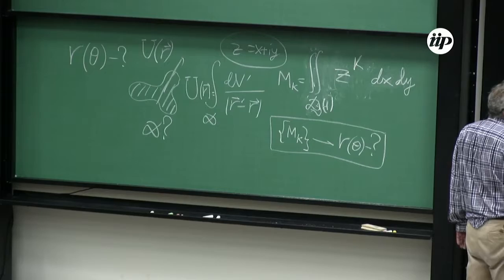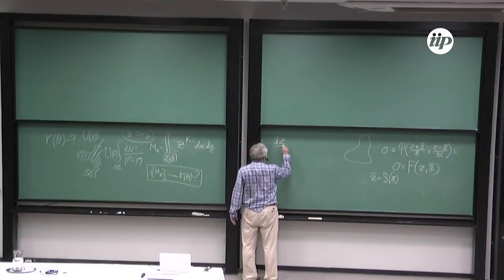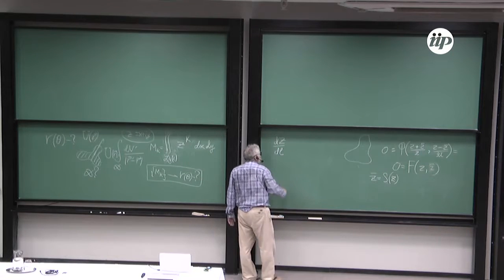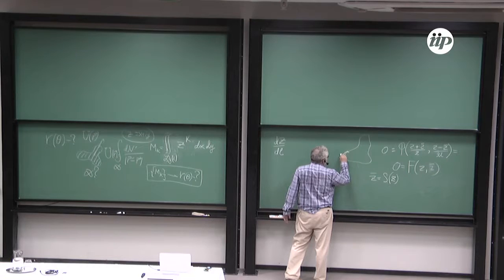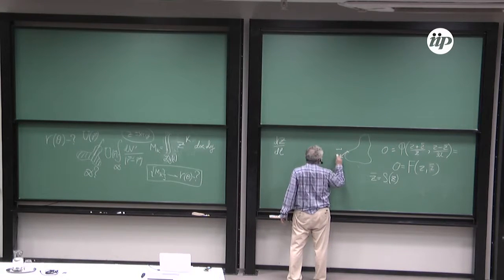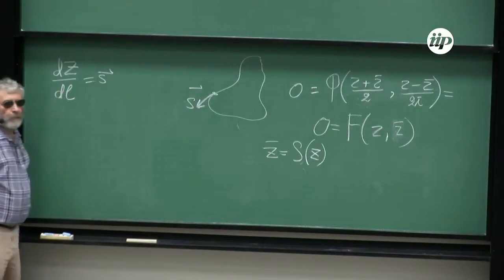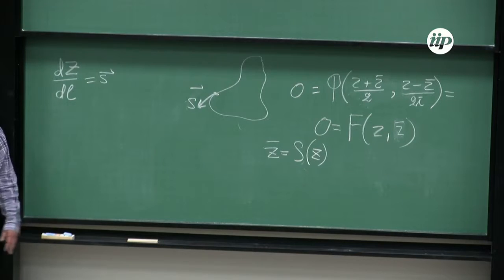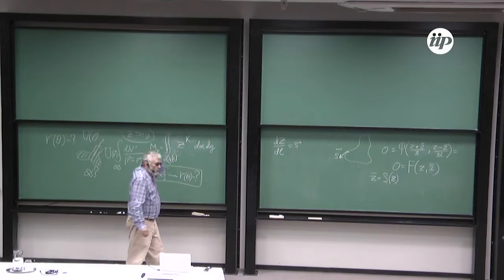I want to remind you that this is a unit tangential vector along the curve. dl is just the little change of arc length.